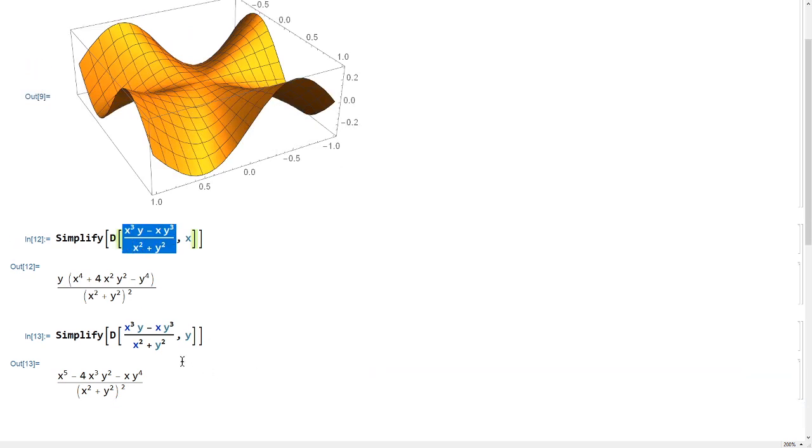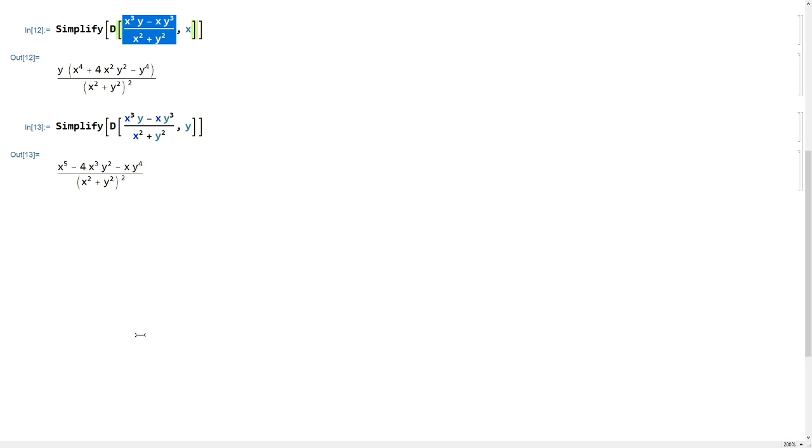So let's make this a little easier. Call this f. We'll just do this, and then we'll do plot dfx. X goes from -1 to 1. Y goes from -1 to 1.